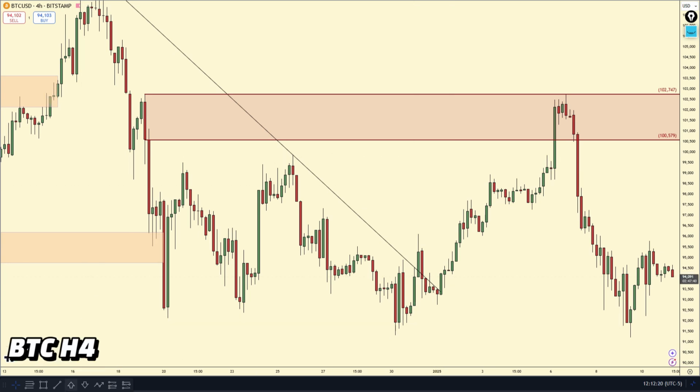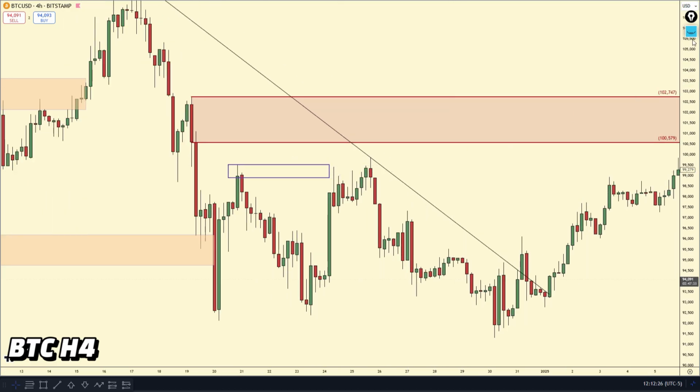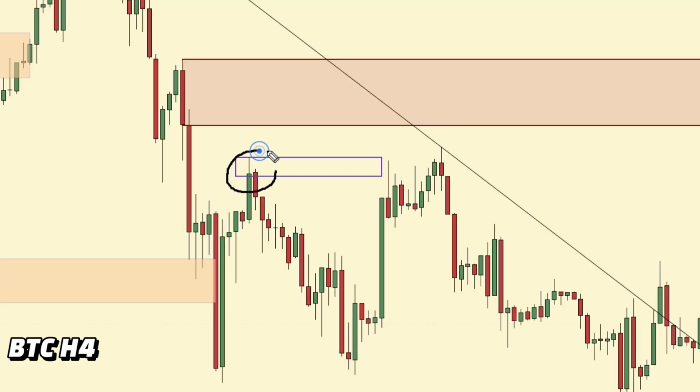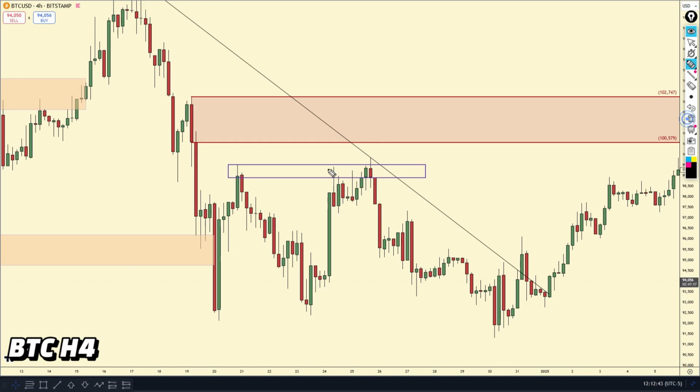But what I liked about this setup specifically is the fact that we had a clear area of resistance right here first. So actually the zone was created. If we ignore all this price action over here, we created a clear resistance area before price pushed down. And then not only that, we proved that there was a resistance area because once we came back up to the resistance zone, we reacted off of it, which gave this resistance zone or resistance line, whatever you like to call it, a second touch.